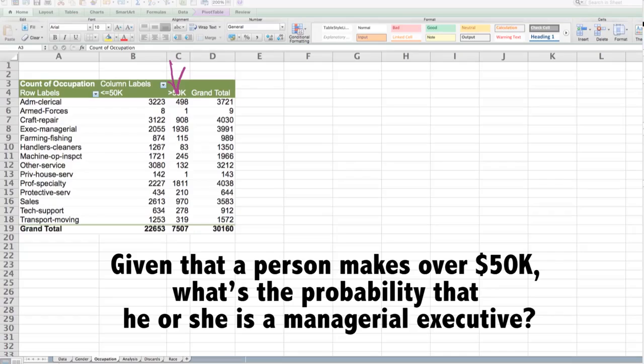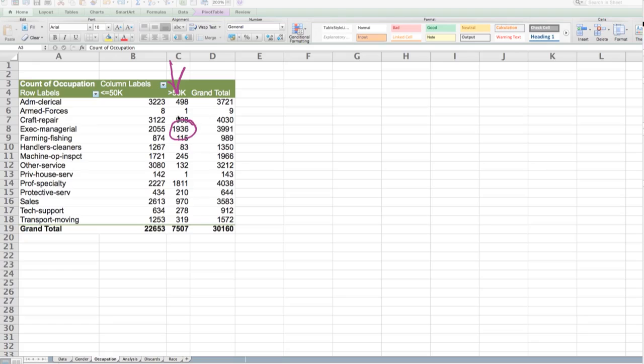But I don't need to build another pivot table. I'll just expand the row labels like I've done here to include all of the categories. Now the probability is easy to build from the column for greater than 50K, which I just pointed out. It's simply 1936 over 7507, which is about 26%.